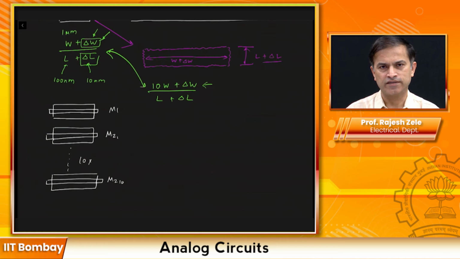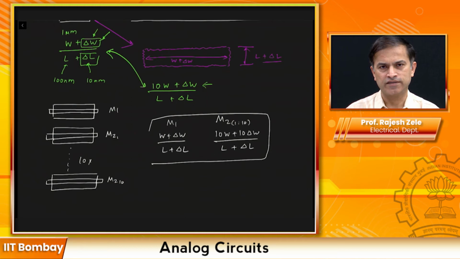So I have 10 more transistors to get this replication effect by a factor of 10. In this case, your M1 will have W plus delta W divided by L plus delta L. Whereas if you look at the cumulative effect of 1 to 10, then you will also have 10 times W plus 10 times delta W divided by L plus delta L. So this way I can get a much more accurate ratio of a factor of 10.